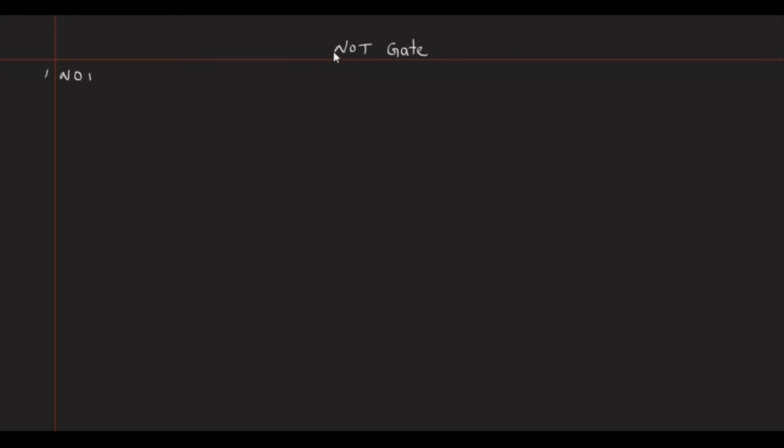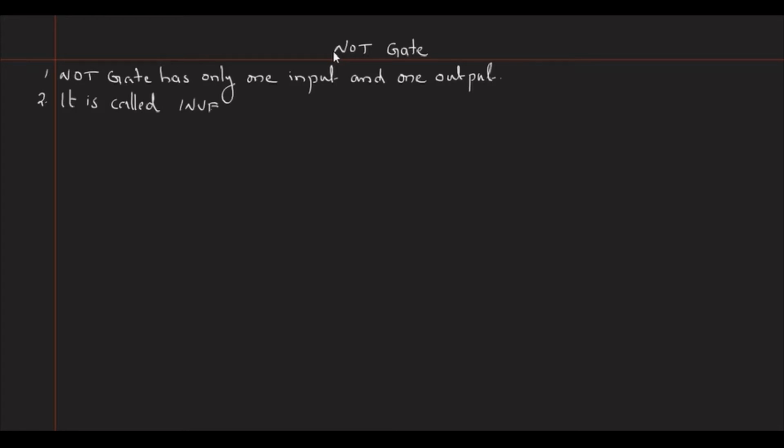Next is the NOT gate. A NOT gate has only one input and one output. The NOT gate is also known as the inverter gate, inhibitor gate or complement gate.